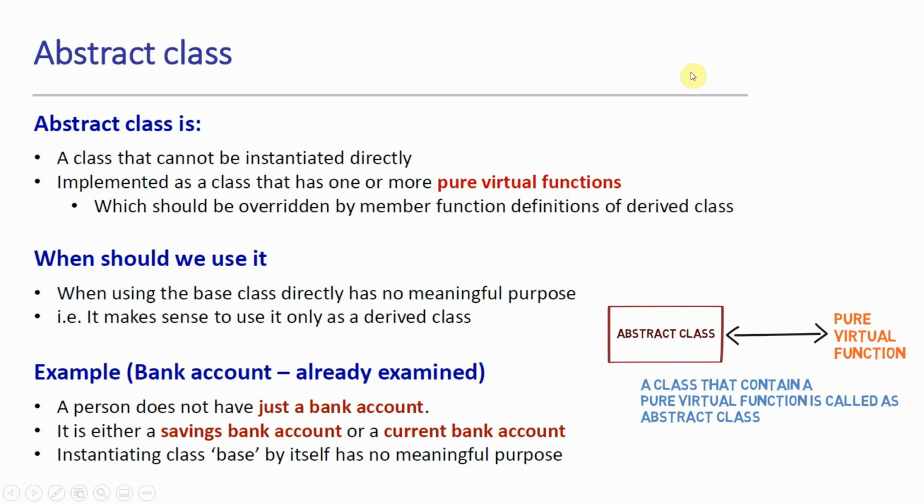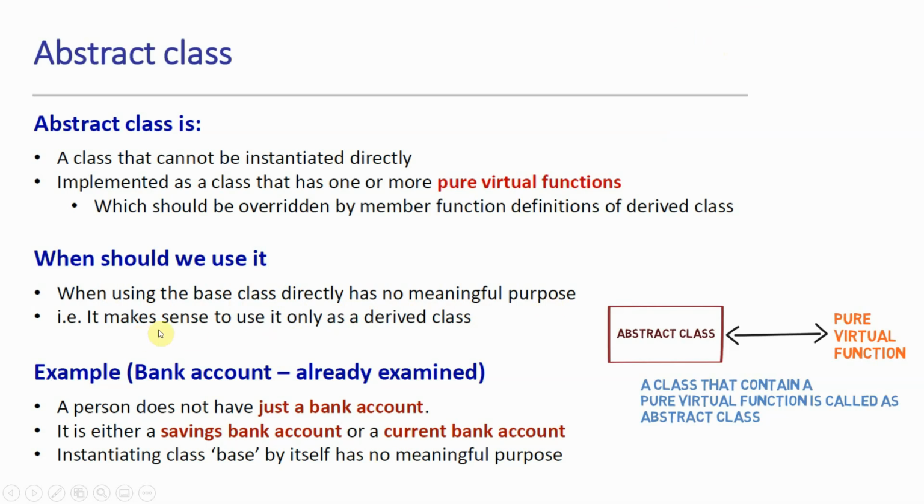Let's say you have an abstract class car, and then subclasses would be different makes, right? Like Honda, Hyundai, Toyota, Porsche, etc. You don't have any car with no brand, right? With no make, right? So this is using the base class directly having no meaningful purpose.